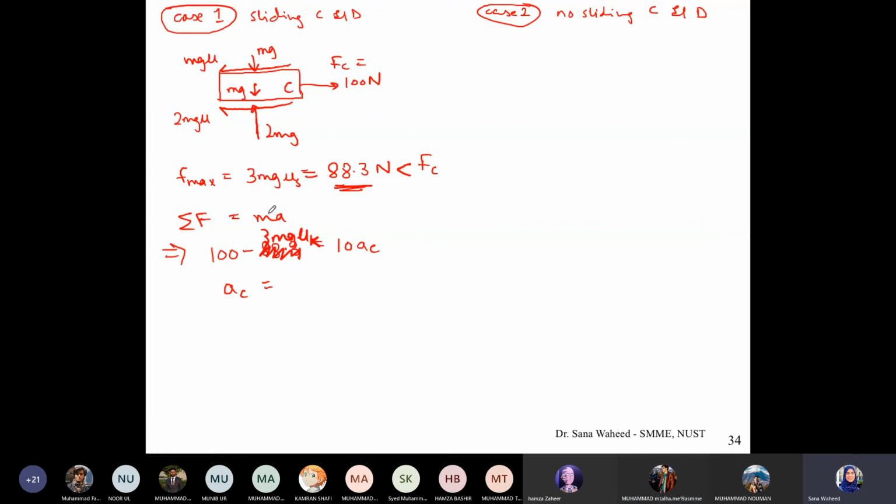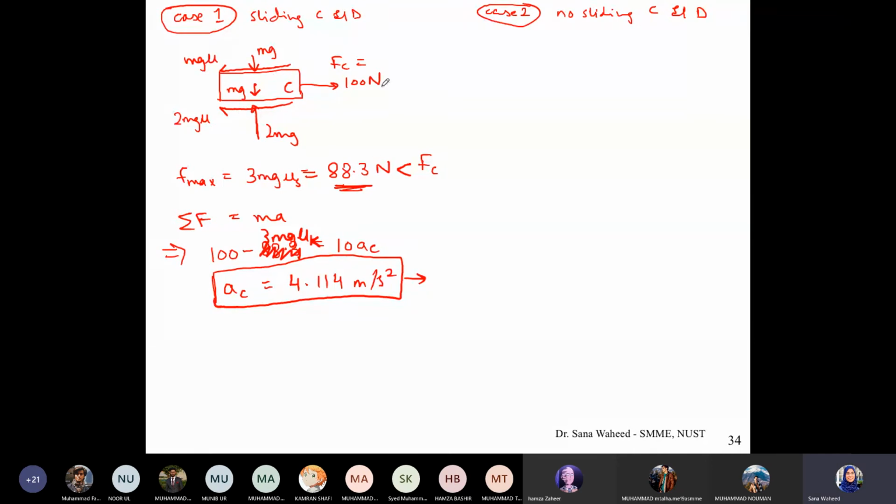Yes, sorry, I forgot this part. I had written that directly, but once motion starts, it should be mu k. So I do need to readjust for it. And when I calculate that, my acceleration comes out to be 4.114 meter per second square, to the right.